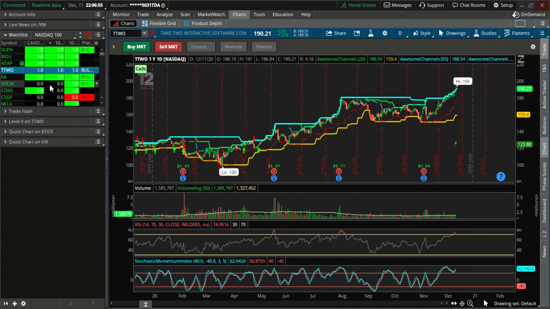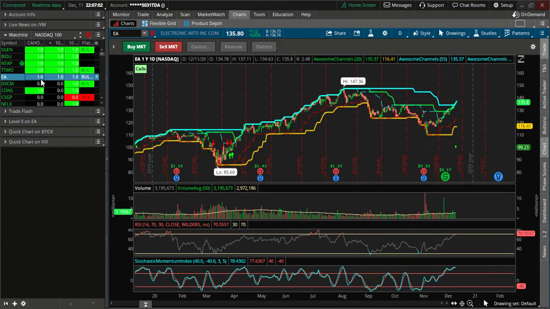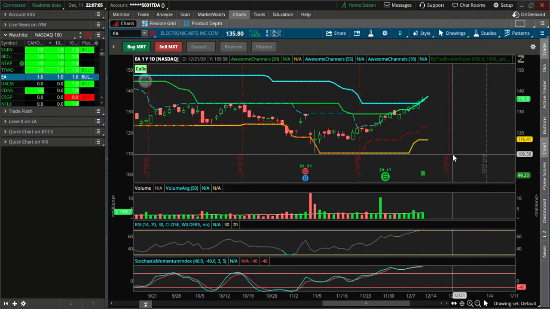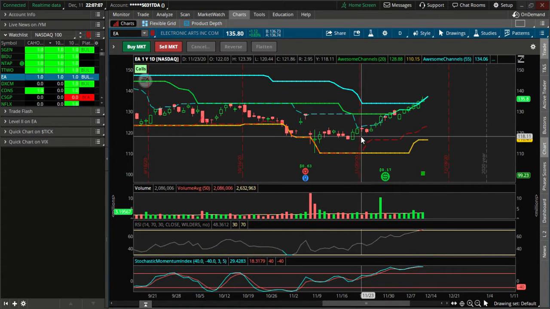So just flipping through here, look, this one made a new high, 52-week high. EA, I actually just bought this one today because I'm actually really late to the party, so this is kind of a speculative trade.